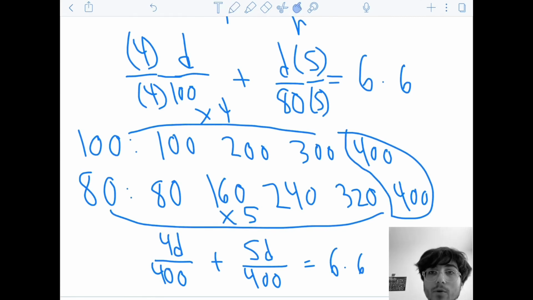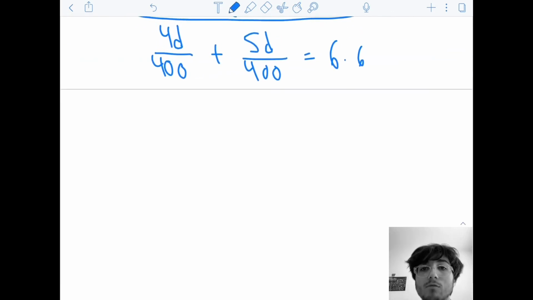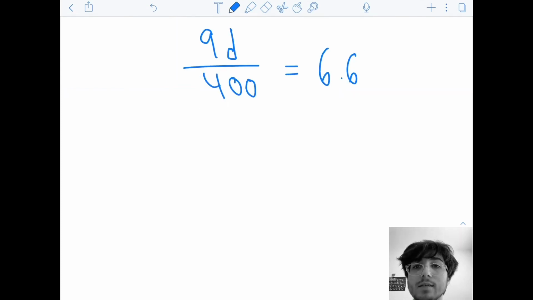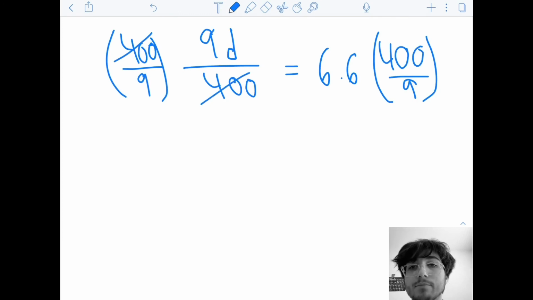So they both have a denominator of 400, so we can combine them. 4d over 400 plus 5d over 400 is going to equal 9d over 400, which equals 6.6. So to find d, we have to multiply by the reciprocal, which is 400 over 9, to cancel it out.